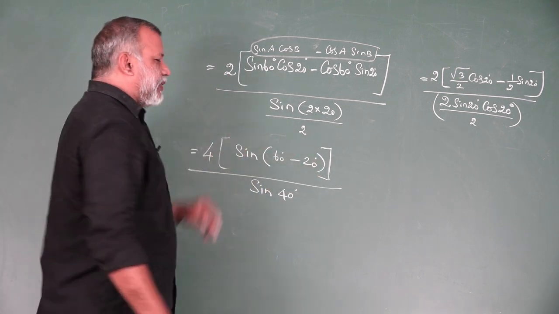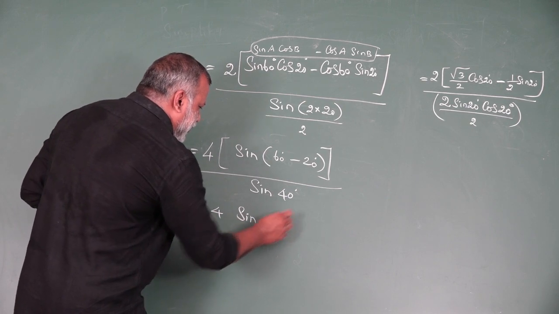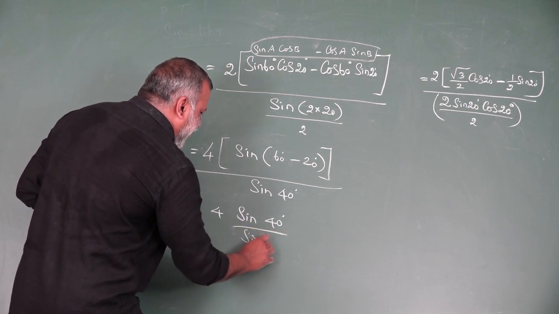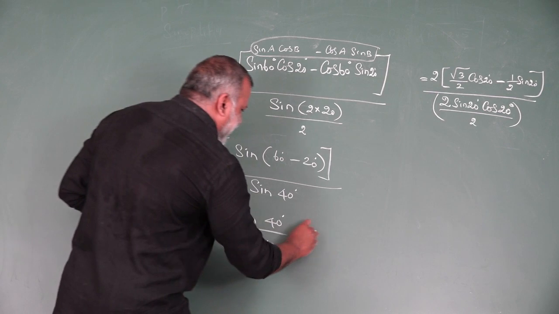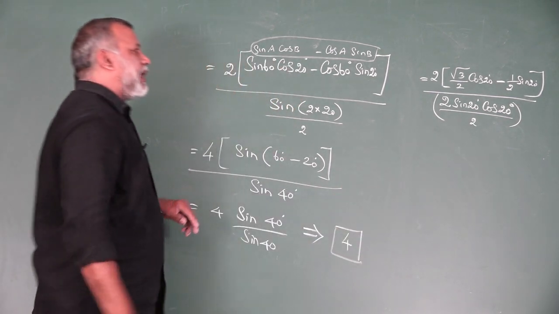Here 60 minus 20 will produce sine 40, divided by again sine 40. It will be eliminated. We can get 4 as the answer.